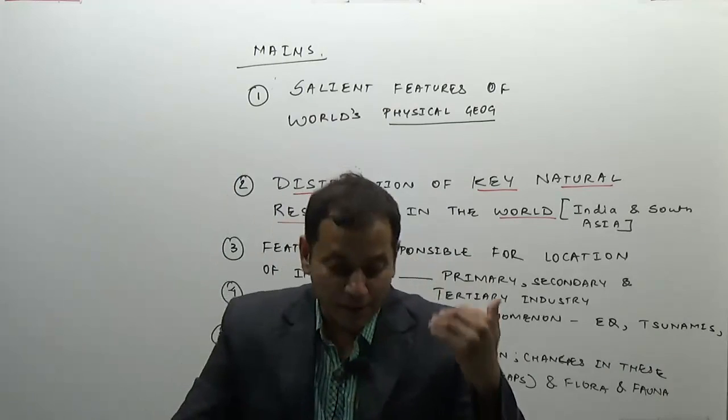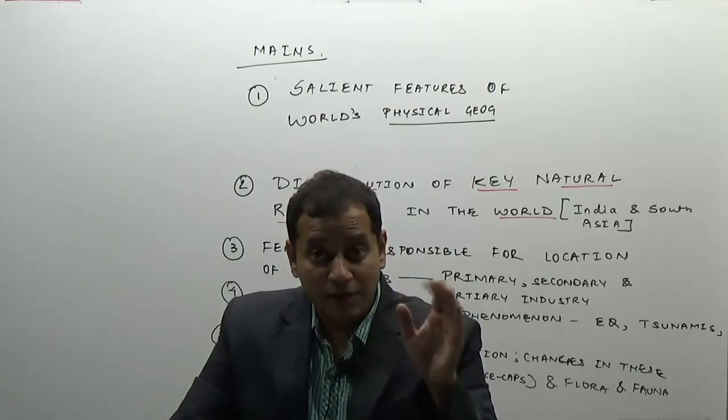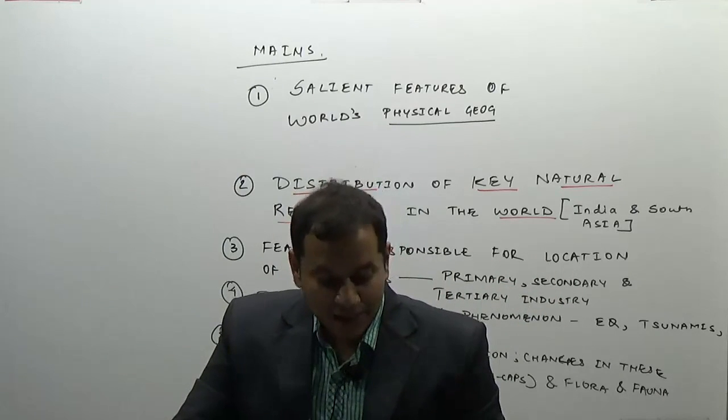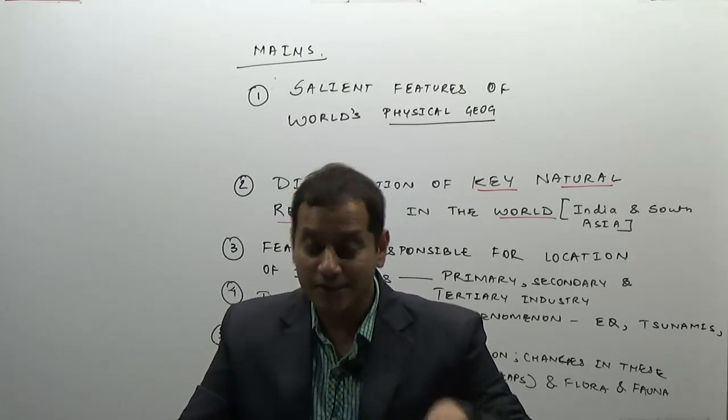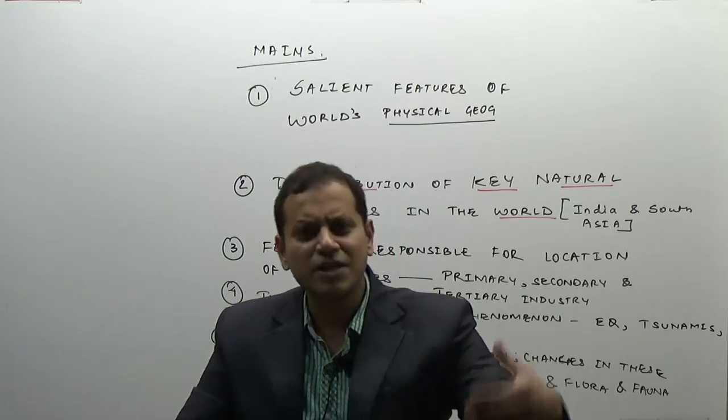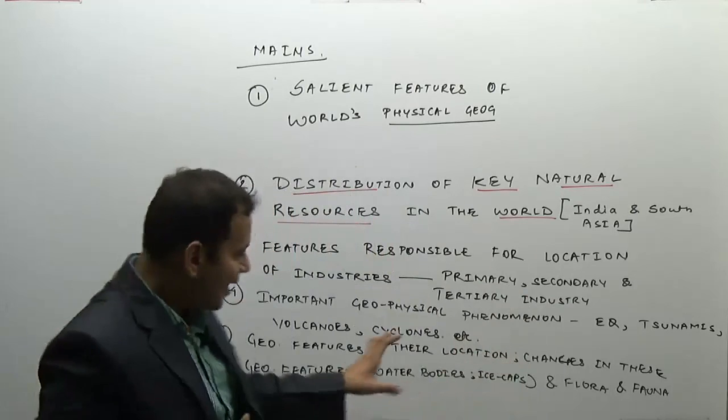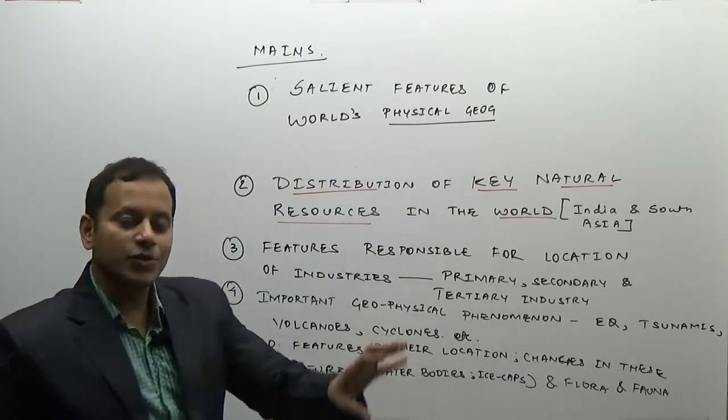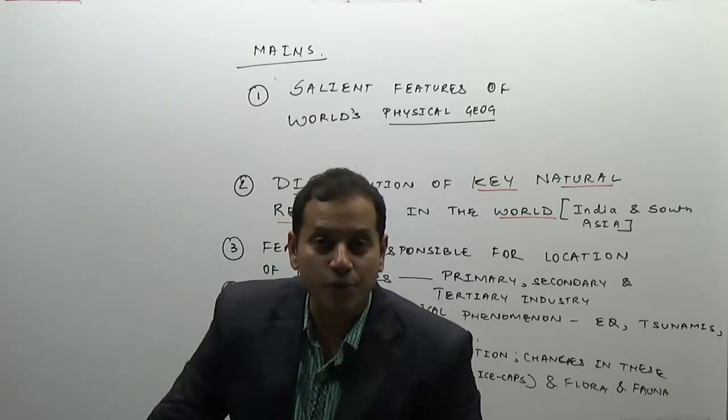In recent years, when there was a tsunami in India, we know that the southernmost point of India, that is Indira Point, was destroyed. So there are changes due to natural reasons and some changes due to human or anthropogenic reasons.